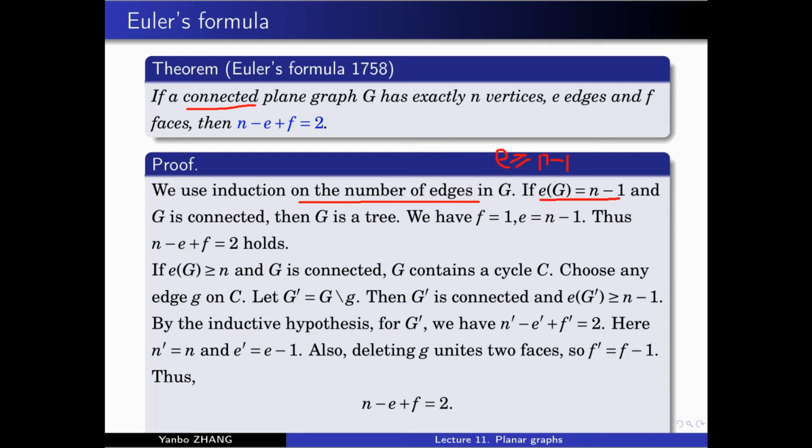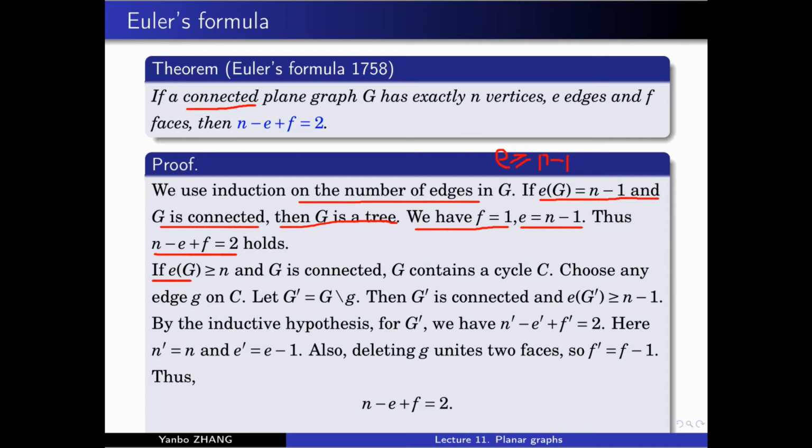If e(G) equals n minus 1 and G is connected, then G is a tree. We have learned that for a tree or a forest, it has exactly one face, f equals 1, e equals n minus 1. So n minus e plus f equals 2. This is the induction basis.